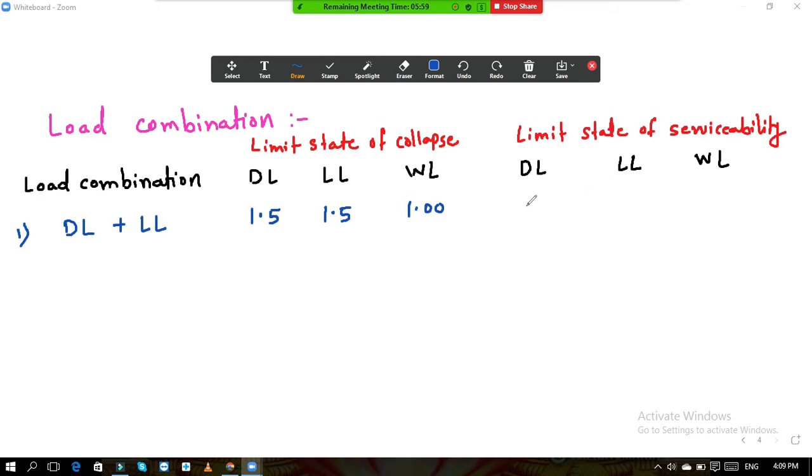Then in the limit state of serviceability, for dead load it is 1. I will tell you how to use this while solving the problem. Just for the time being, write it down. And there is no factor for wind load, so as it is we are going to take it.